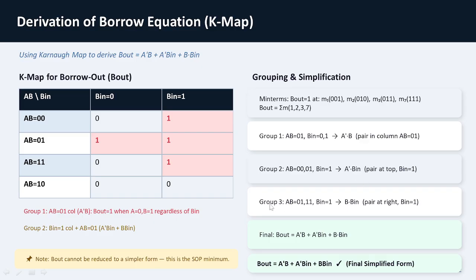Okay, and also check group 3. Now you have AB 01, AB 11. So when are you getting adjacent ones? When you have B in as 1, right? Now look, what is the value that is not changing here? When you have B is 1, right?